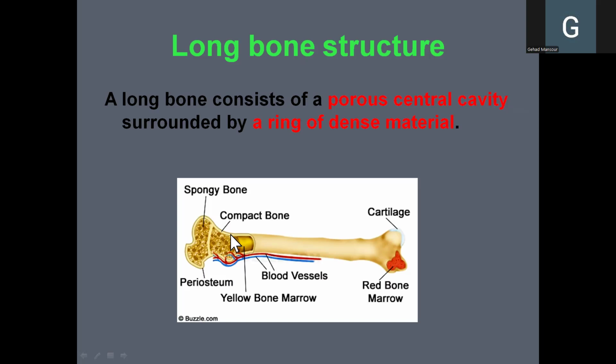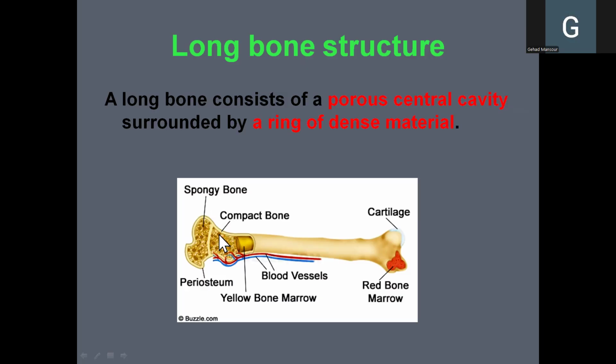It contains calcium and phosphorus, or calcium phosphate salts, in a huge amount, so the tissue is highly and densely calcified, and therefore it is compact, not only because it is densely calcified, but also because there are no white spaces inside. Following the compact bone, we have the spongy bone.